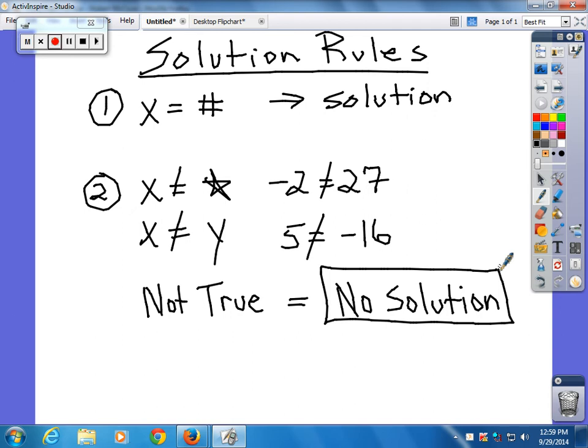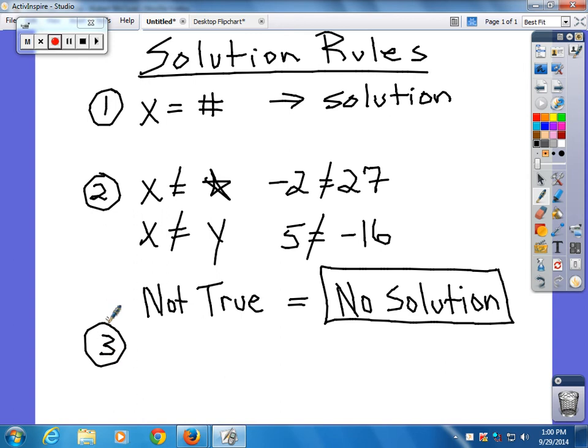So if you work a problem out correctly and you get down at the bottom, 5 is equal to 207, and you've done everything correct, then the answer is no solution. Again, 10% of the time, you might get this one or the next one, number 3. The rest of the time, you're going to get this one. So you got to watch out for them.